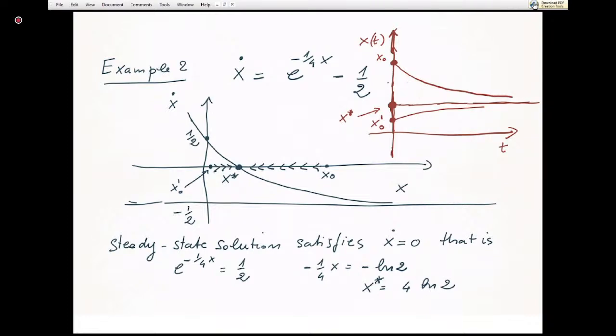Now, how can we represent the phase diagram? It is, again, an elementary function.